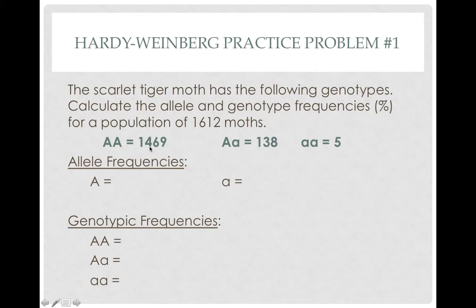So here I will add 1,469 to half of 138. That will give me the total number of capital A's. Similarly, to calculate the total number of lowercase a's, I would take half of 138 and add it to 5. That will give me the total number of lowercase a's.